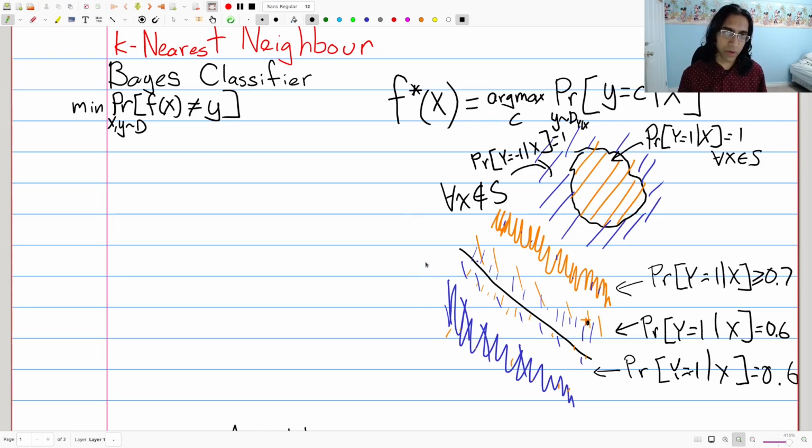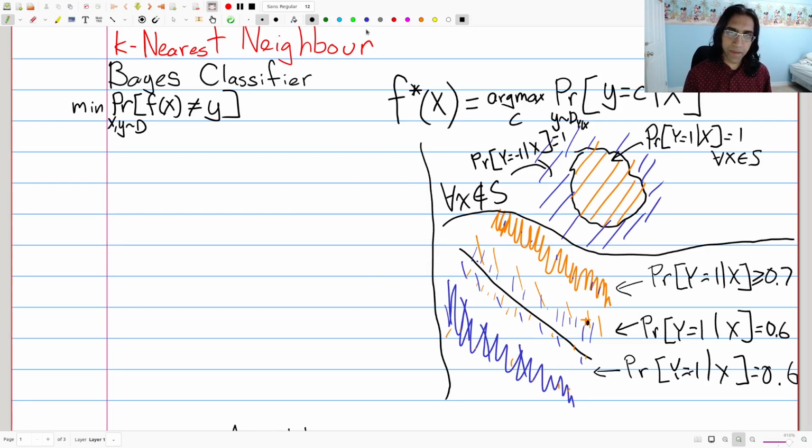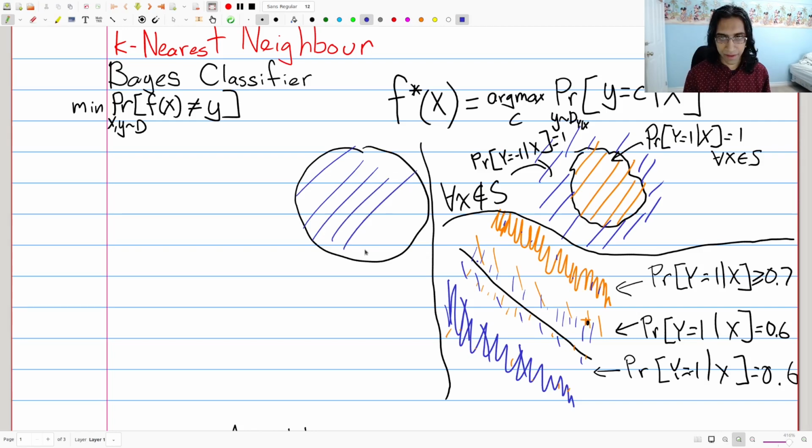Let me just show you the most extreme case, the silliest case. I've drawn all of these together, but let me separate into a third example, which I'll draw over here. Let's suppose that we have some space like this, and we don't know anything better than a random guess.